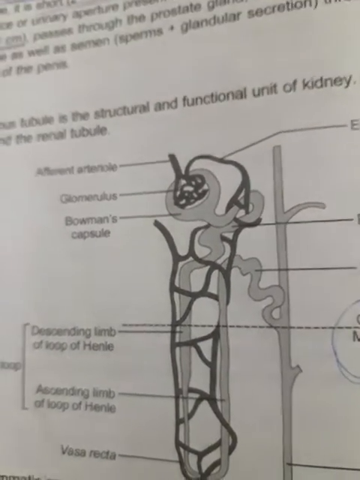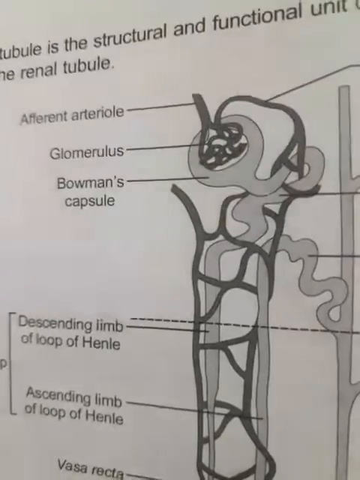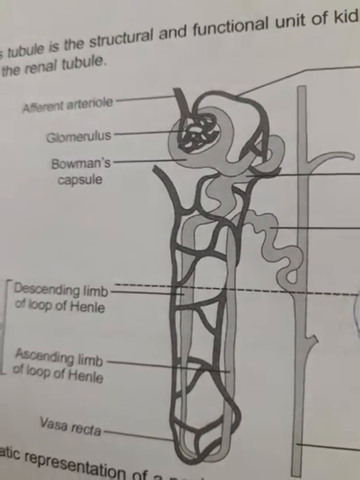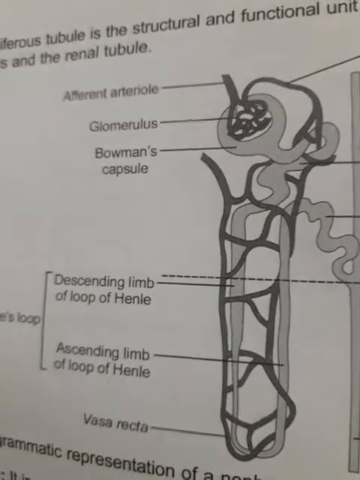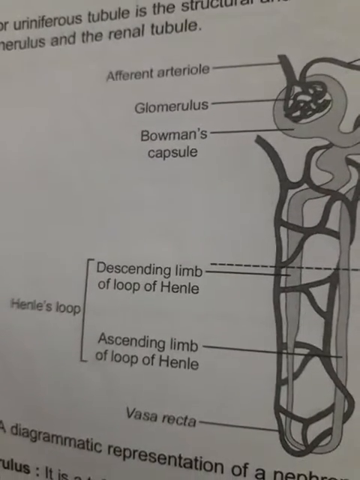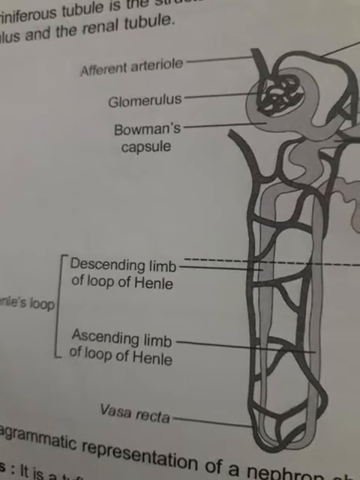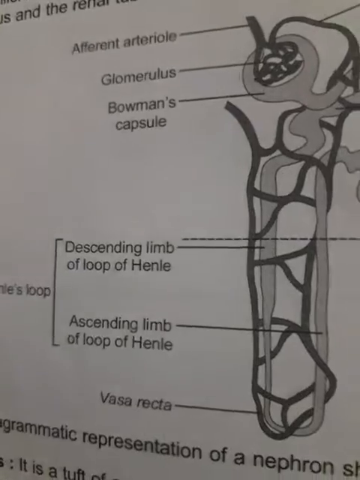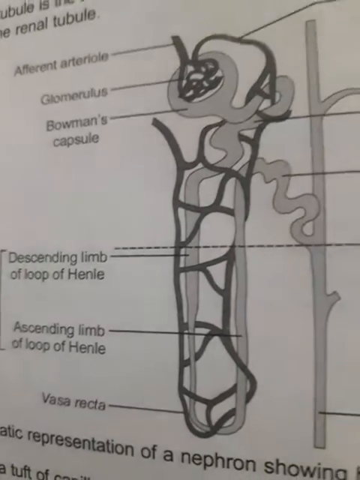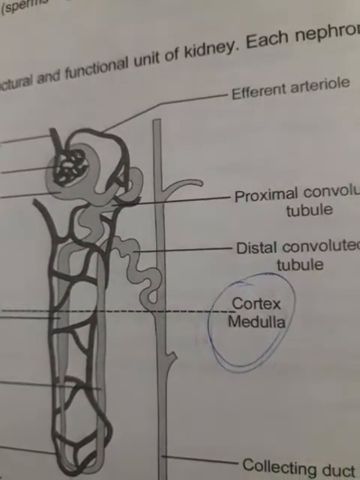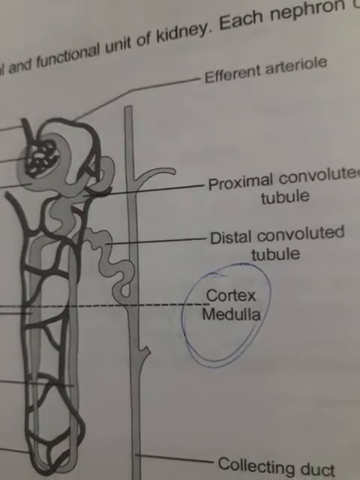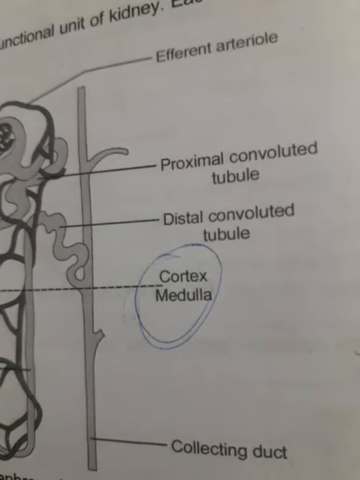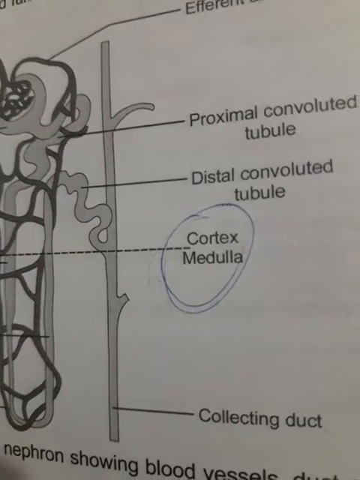You can see the efferent arteriole, glomerulus, then the Bowman's capsule, then downwards you can see the loop of Henle, upper part, that is the descending limb of loop of Henle, and there is the ascending limb of loop of Henle, then there is vasa recta, and you can see from the top efferent arteriole, then there is proximal convoluted tubule, distal convoluted tubule, cortex, medulla, and then there is the collecting duct.